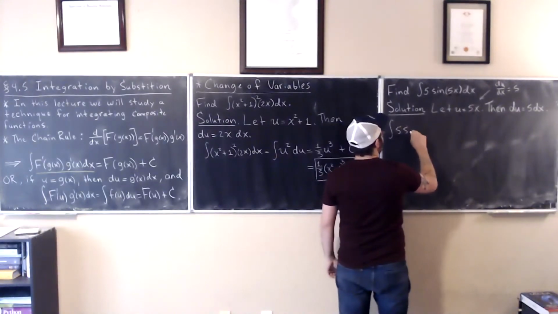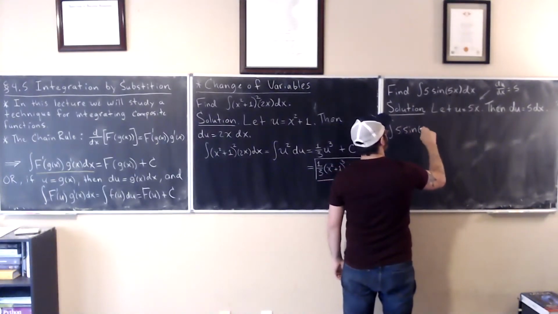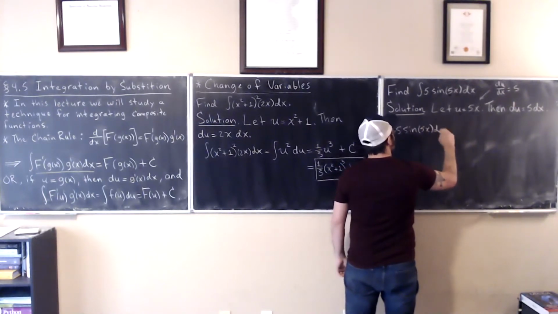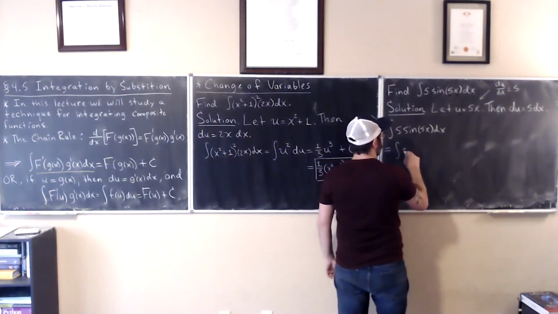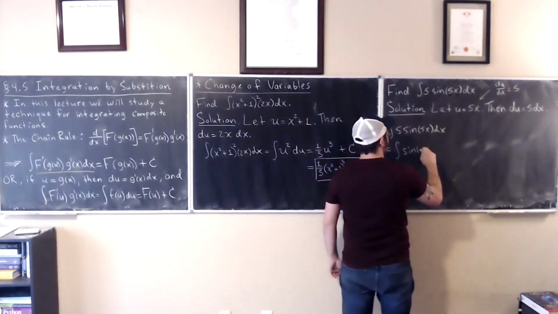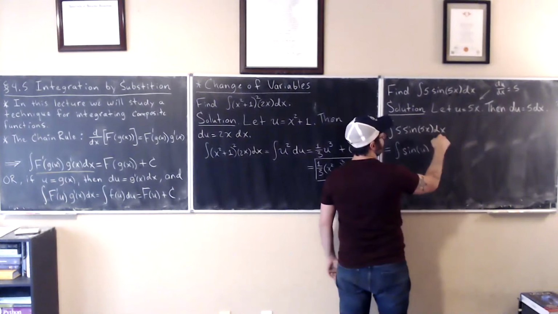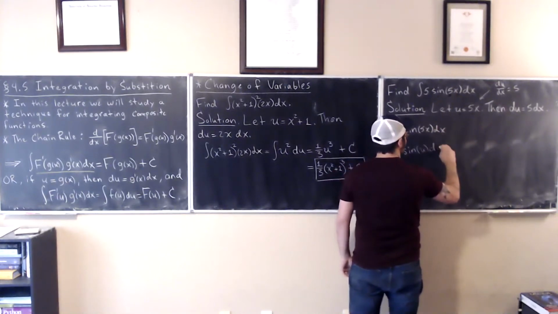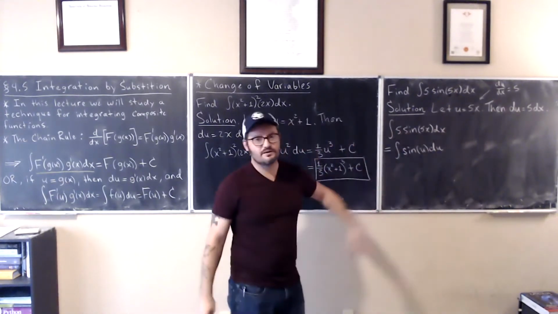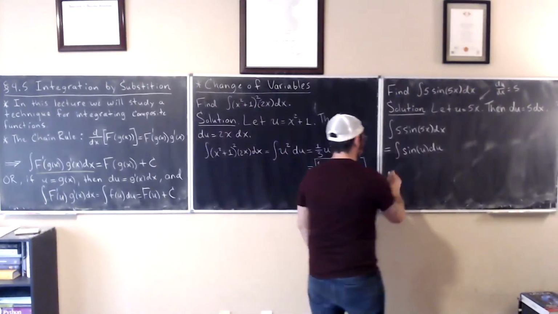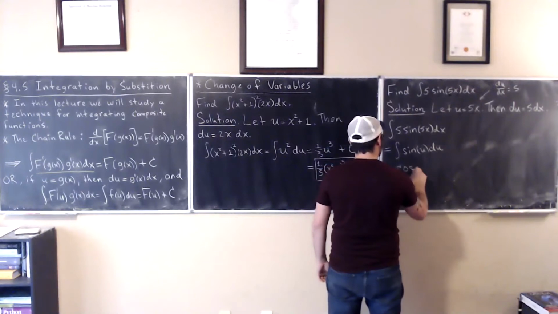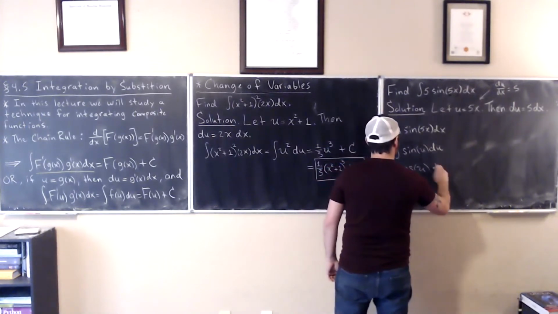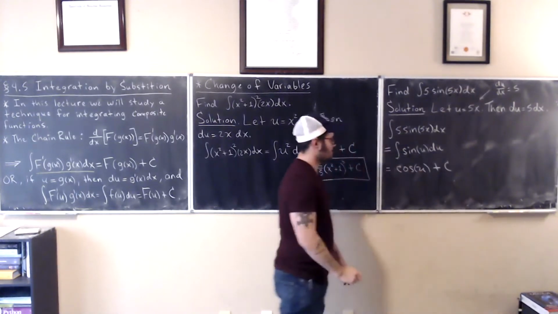It's going to be equal to sine of u, and then 5 times dx is du. And now we know how to find the antiderivative of sine, right? This is just cosine of u plus c.